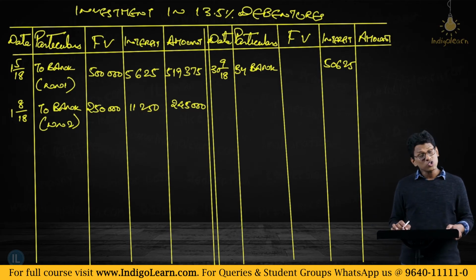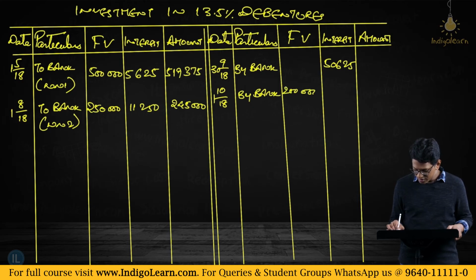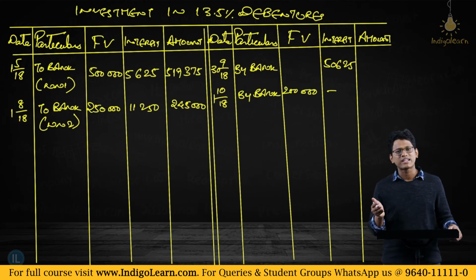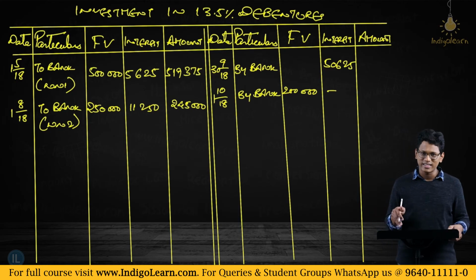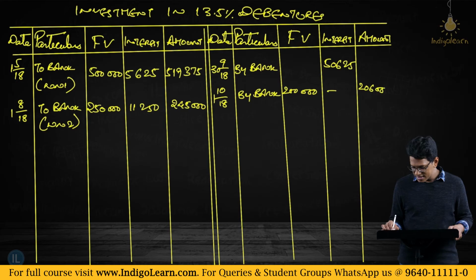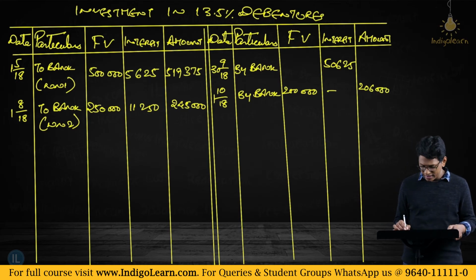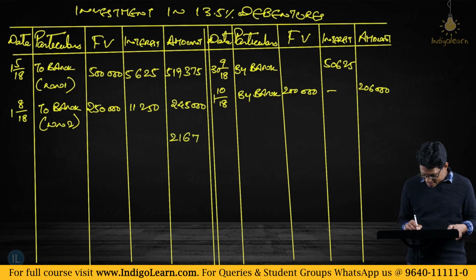Then on 1st of October there is a sale of debentures. 1st October by bank, 2,000 debentures got sold. 2 lakhs is the face value. Because interest was paid off till 30th of September, there is no interest on this transaction. It was sold at 2,06,000 and we also calculated a profit of 2,167.